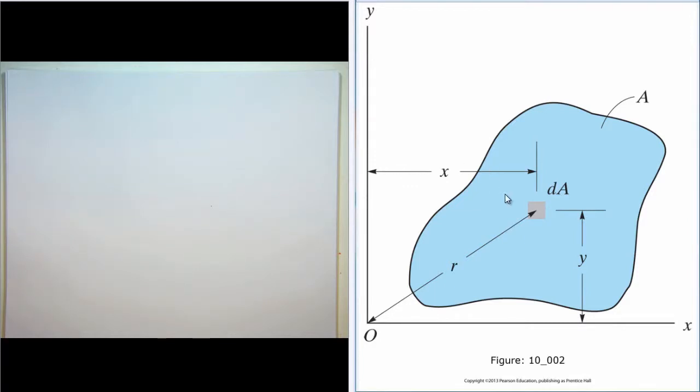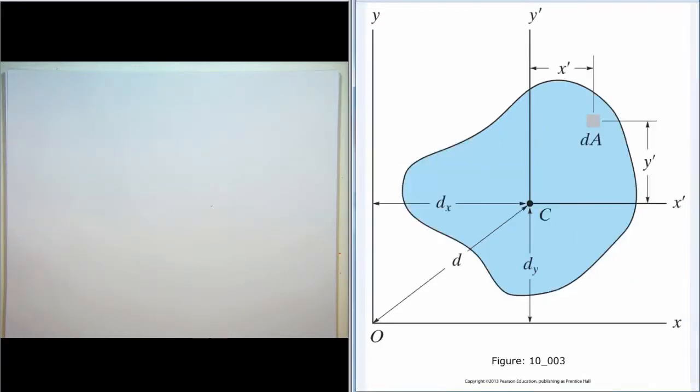And here's a figure showing the situation. So here's the area with its centroid and the principal axis x prime. But we want to find the moment of inertia about this axis, x.